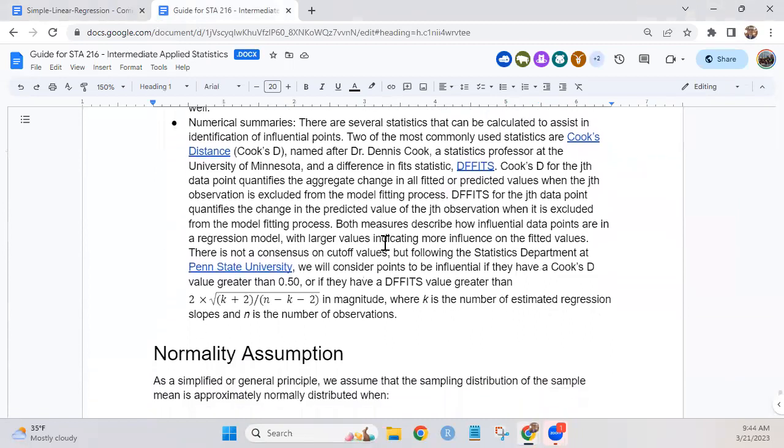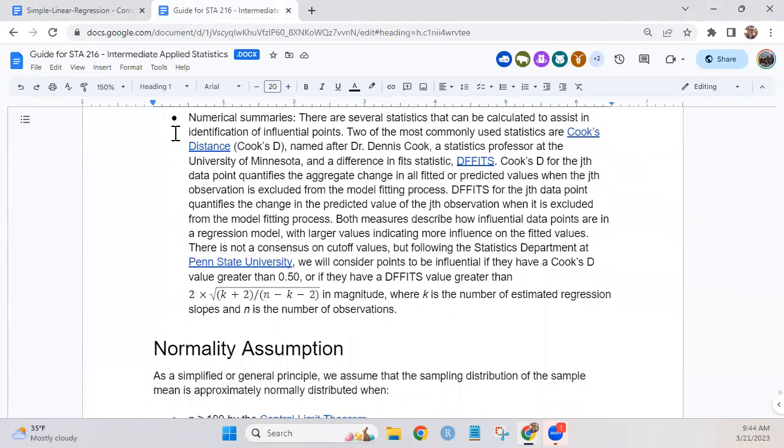Looking at the plots is always a good thing, but people have also come up with numeric summaries to describe exactly how much influence each point has. Two of the most commonly used ones are Cook's distance measure, commonly just called Cook's D, which is named after Dennis Cook, who's still a professor in statistics at Minnesota, actually.